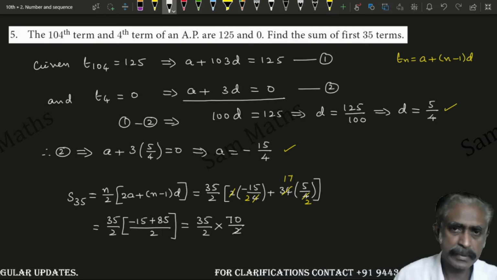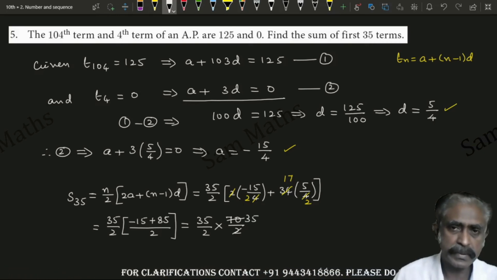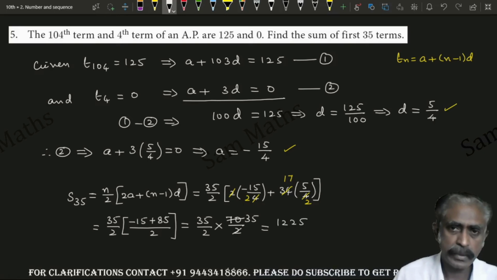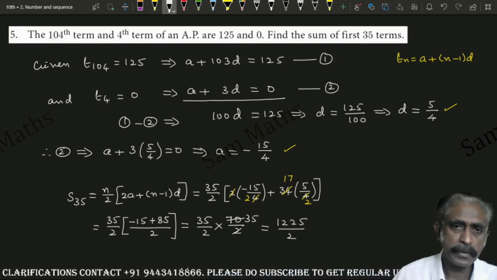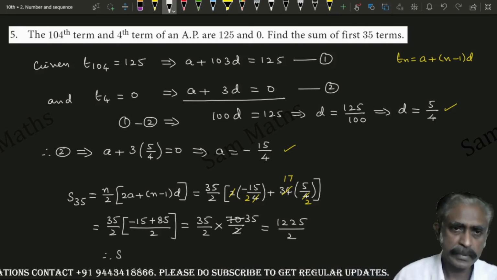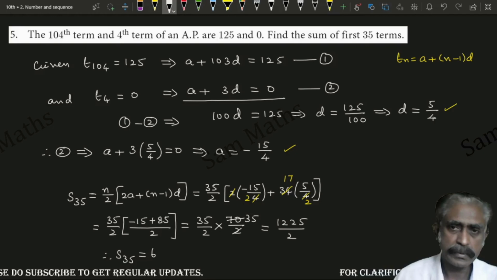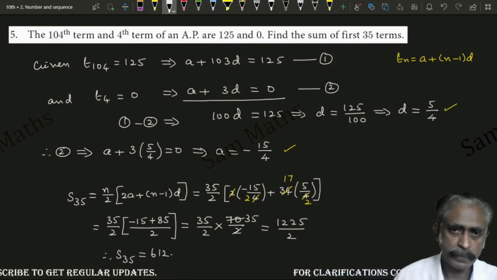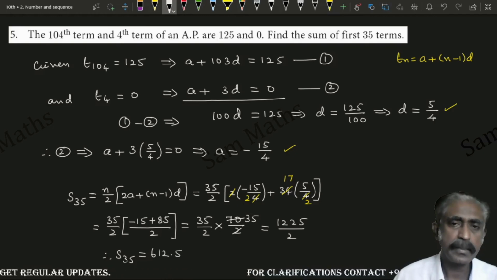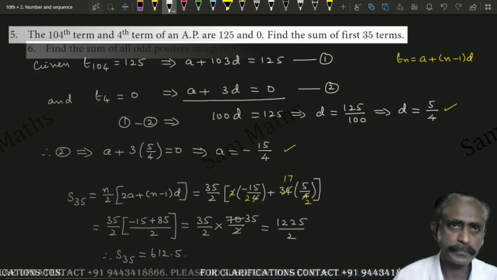You can cancel this, it becomes 35. You know that 35 square is 1225 divided by 2. Therefore, S35 is equal to 1200 by 2 is 600, 25 by 2 is 12.5. So, this is the required answer.